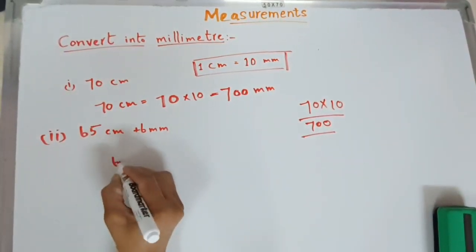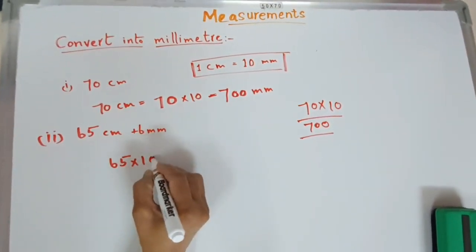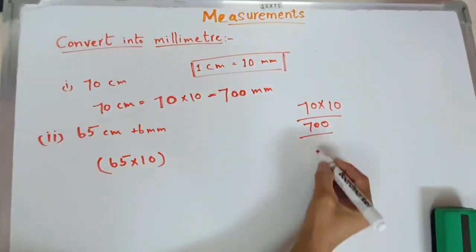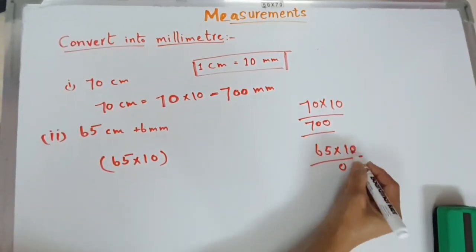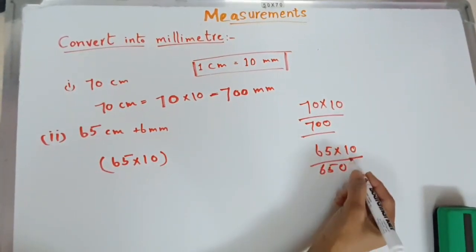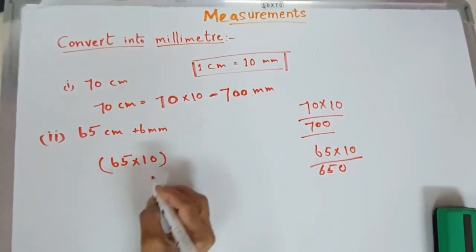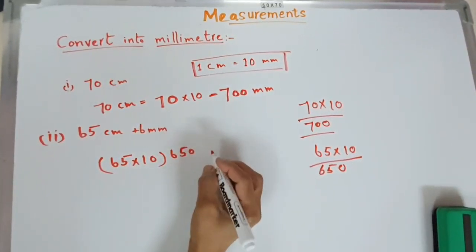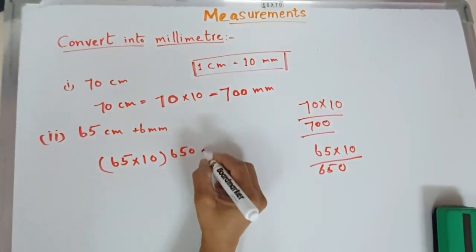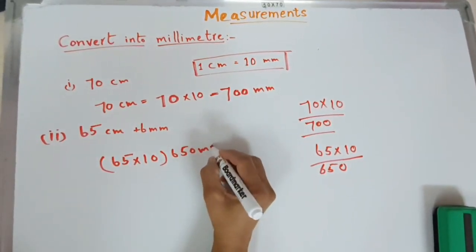So here 65 into 10, we have to multiply this one. So 65 into 10, how? 0 means 0. 1 five is 5, and 1 six is 6. So 650. Okay, so we got the answer 650 millimeter.